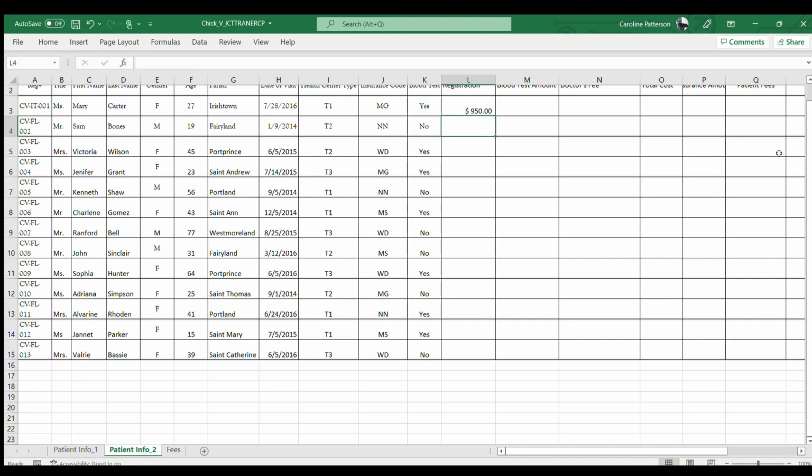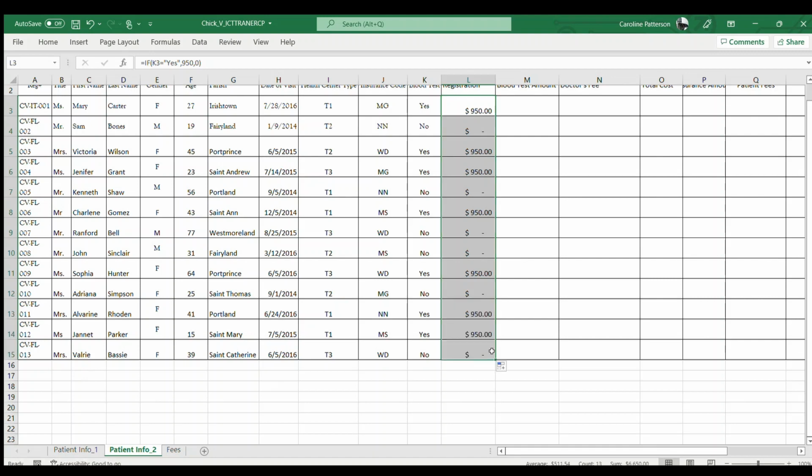So this first patient had a blood test, so pay $950. Well, let's go down. That patient did not take a blood test, so the cost for that registration fee is 0. So we copy this formula down to the last patient so that we can determine what the registration fee is for each person.